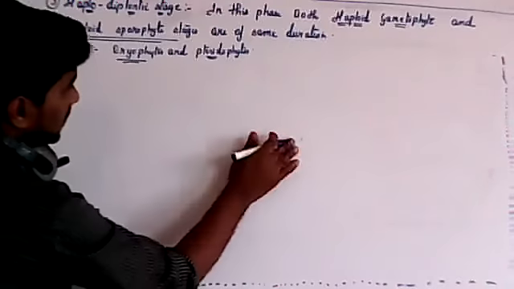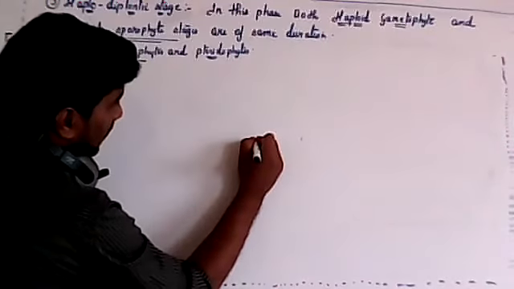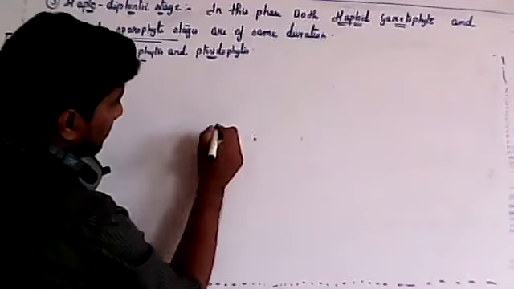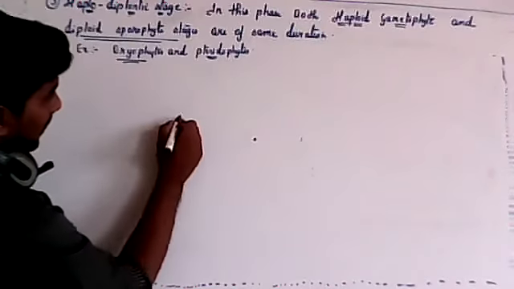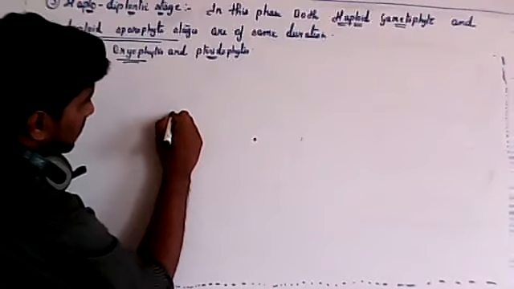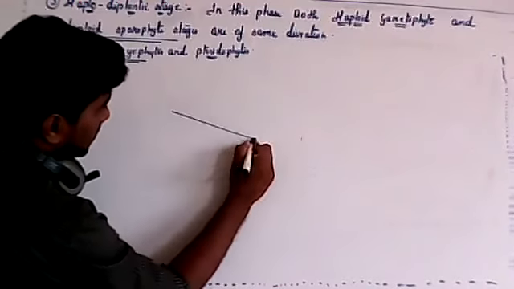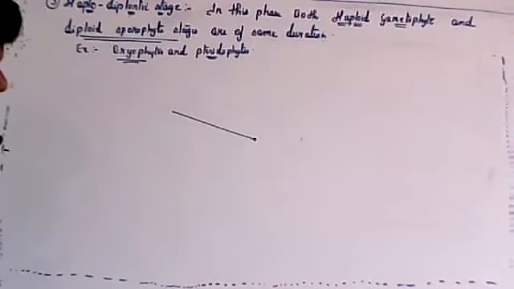So first, draw it here. The first one is fusion of gametes, gametogenesis.